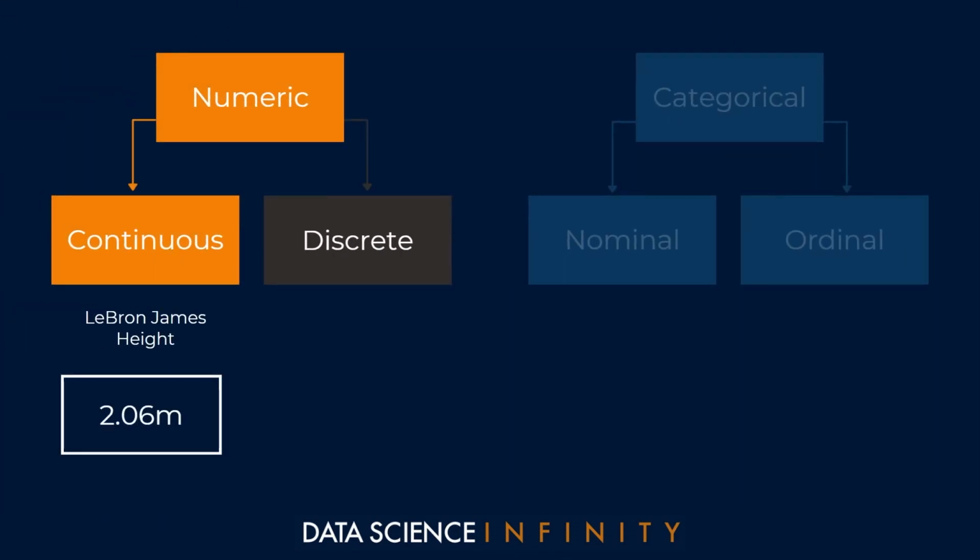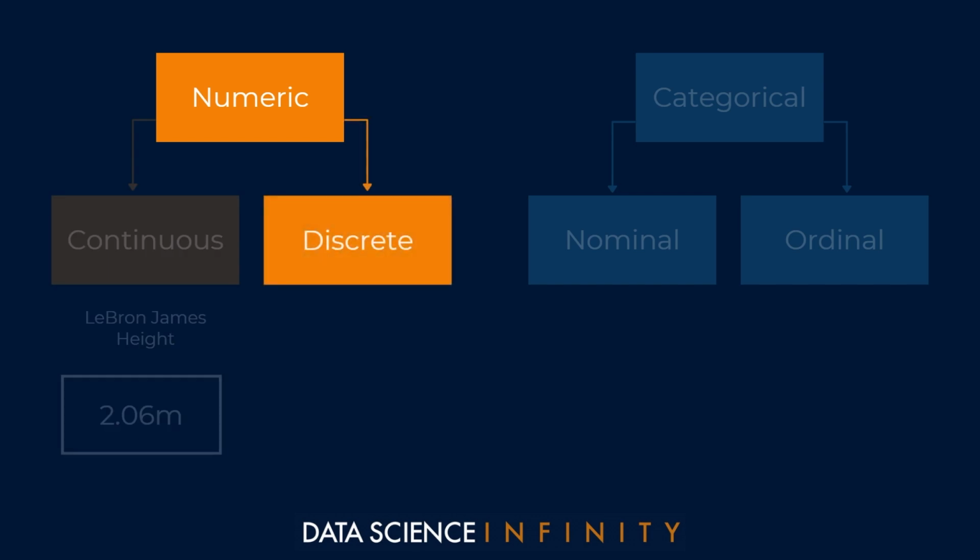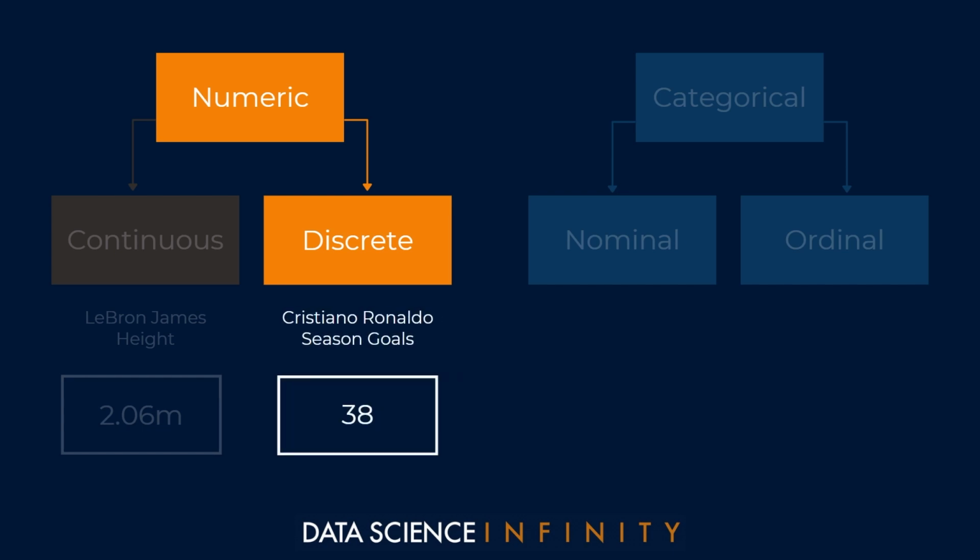What about our next one there, discrete numeric data? How and why is that different? Well, there is a distinct and important difference. An example of a discrete data point would be something like this here. The number of goals scored this season by another one of our sponsored athletes, football or soccer player Cristiano Ronaldo. He has scored 38 goals so far this season, and unlike LeBron James's height, this value can't be broken down any further.